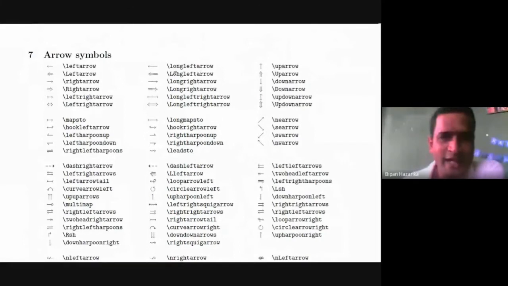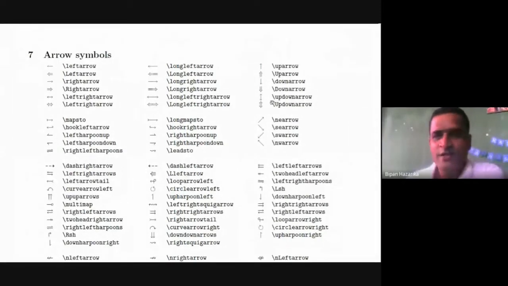In place of small l, if you write capital L, you get left implies. Similarly for long right with capital L. If you want both sides, that is a left right arrow. If you want a long format, you write long. And if small l is replaced by capital L, you get this.